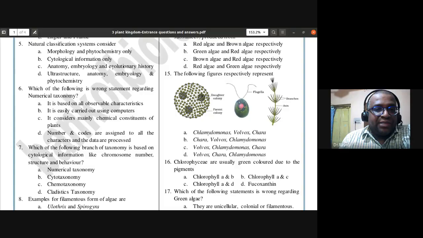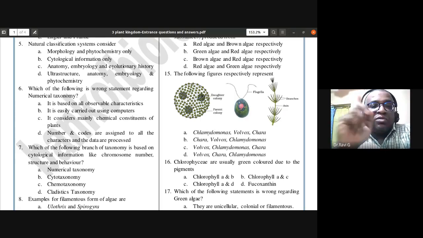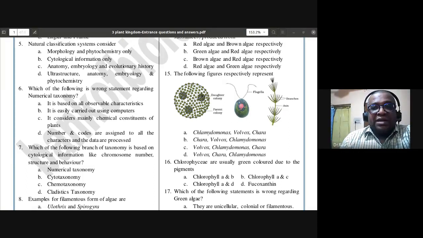Next, the wrong statement regarding numerical taxonomy. When you get such questions, you should be able to assess. There would be three correct statements and one wrong statement, so you have to identify the wrong statement among the correct statements. It is based on all observable characteristics. Numerical taxonomy, yes.